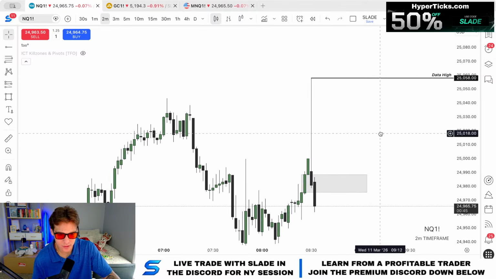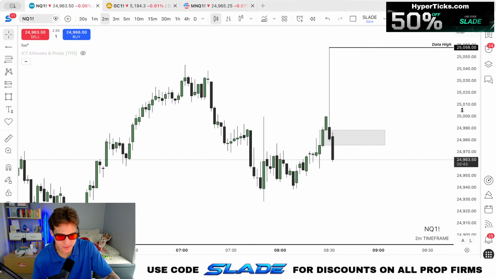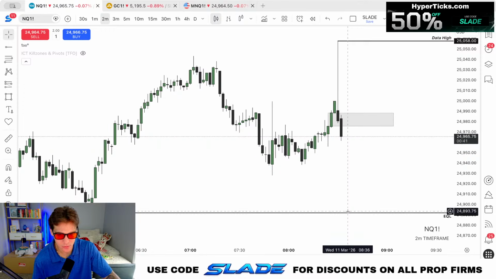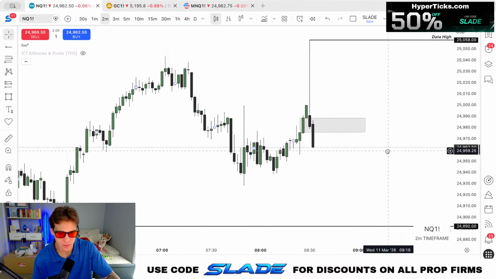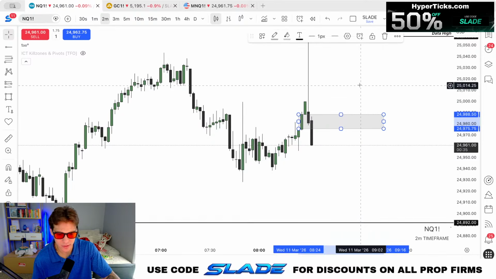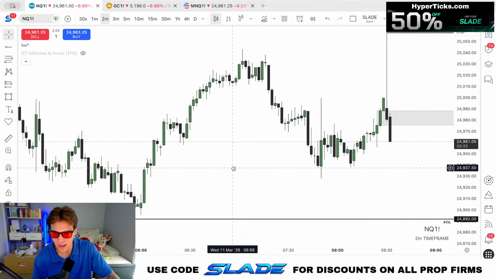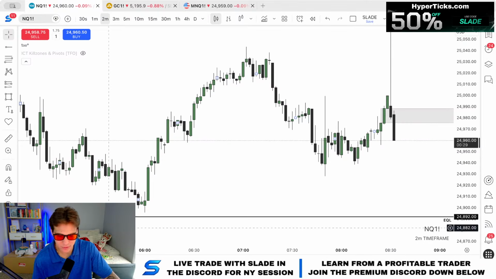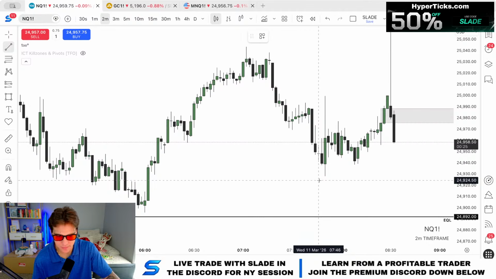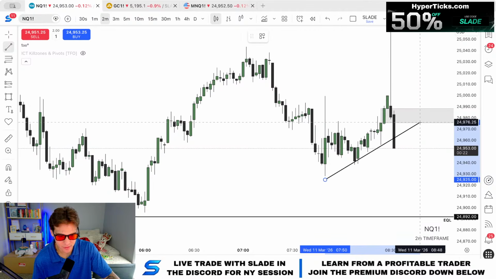We'll see. Got the data high up there. Let's see if we're going to take out these equal lows and then come back up to take out the data high. We're about to get an inversion right here. It can run some trend line liquidity to the downside, probably take out those equal lows and then come back up to take out the data high.